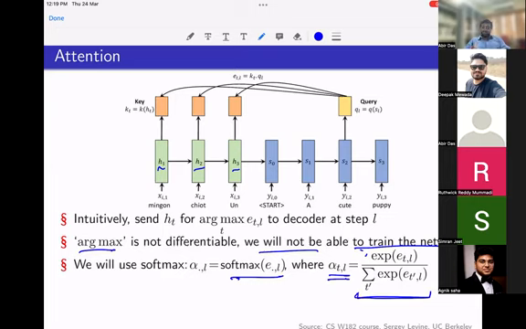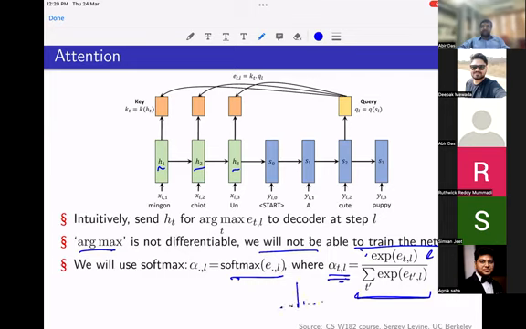And why is it a softened approximation? Because if one of the ETLs, for a particular T, is hugely high compared to the ETLs for the other T's, then the corresponding alpha TL will be high and the rest will be very small.